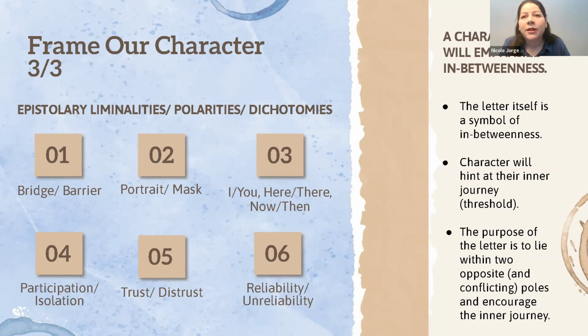Or, for example, when there is a mentor and someone new comes in and they have to take them under their wing, but they don't really trust them. And so they have to gain their trust. And the last one is reliability and unreliability. And again, how will these different polarities allow for the letter to sit right in between them and then just watch what happens?